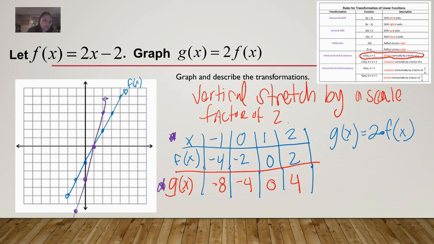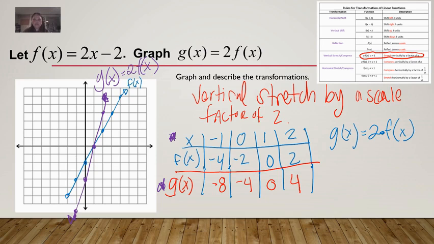And that is a vertical stretch by scale factor of 2. Essentially, we're just making the line more steep or steeper. Okay, so this is your g of x, 2 times f of x.